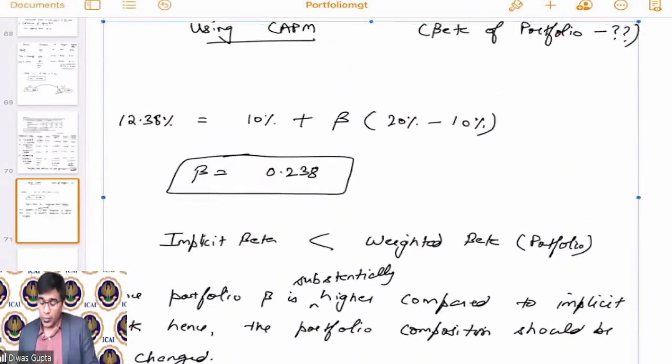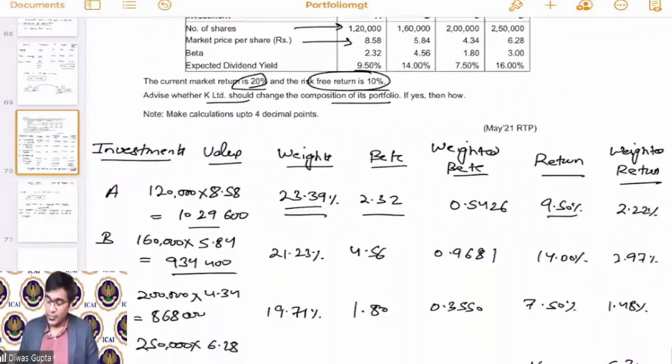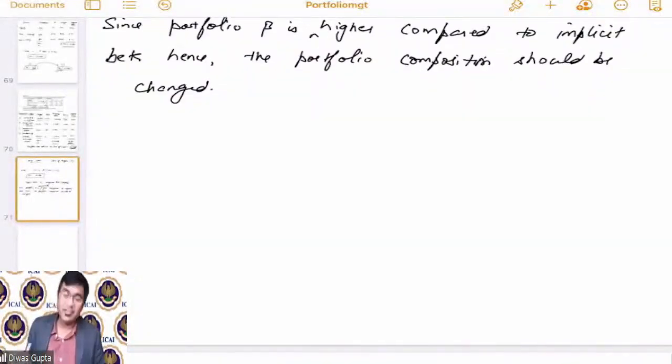Okay, now we have advised that portfolio composition should be changed. If yes, then we also have to answer which security we have to increase the investment in and which security we have to reduce the investment in. Now for doing this, we will make use of Jensen's alpha.